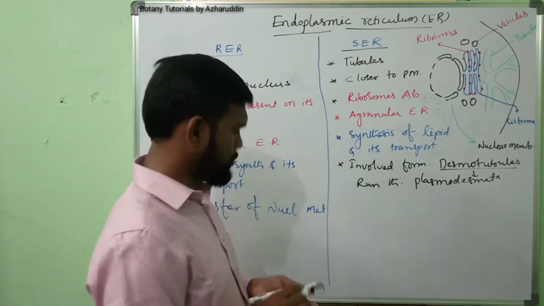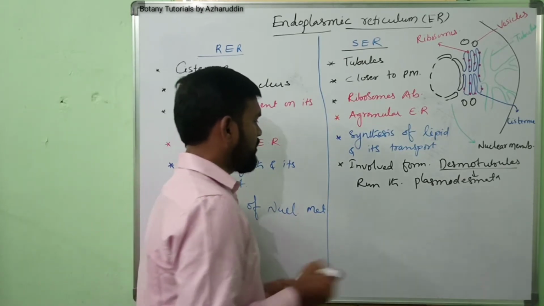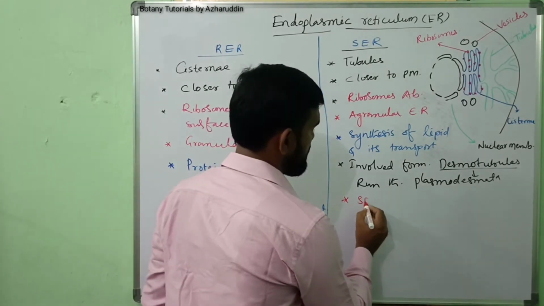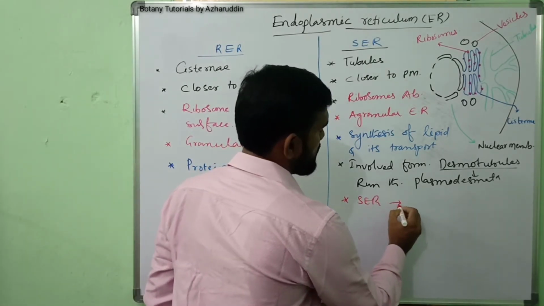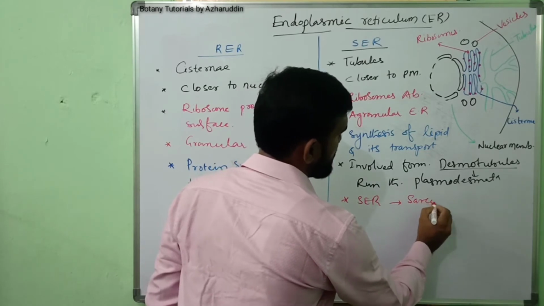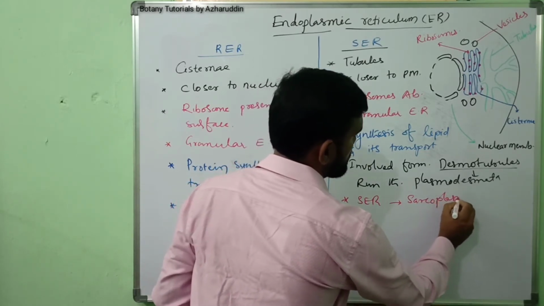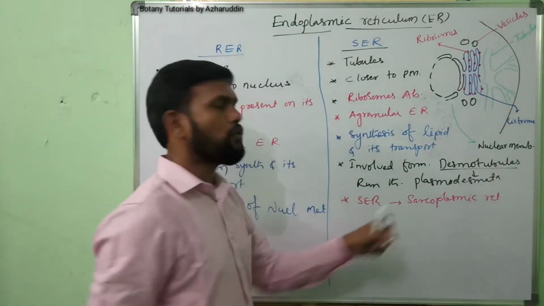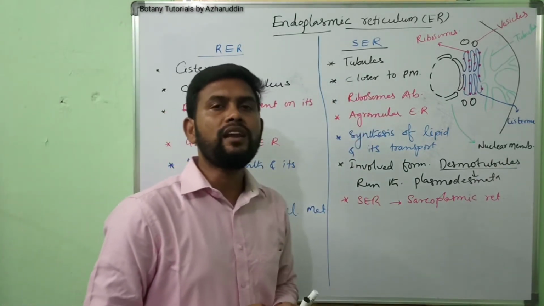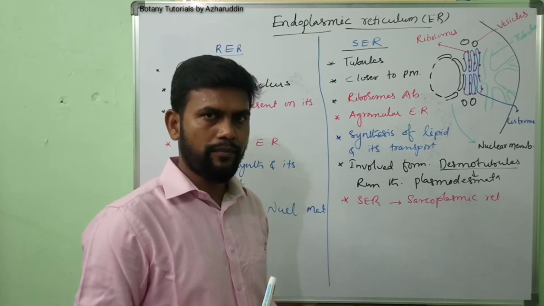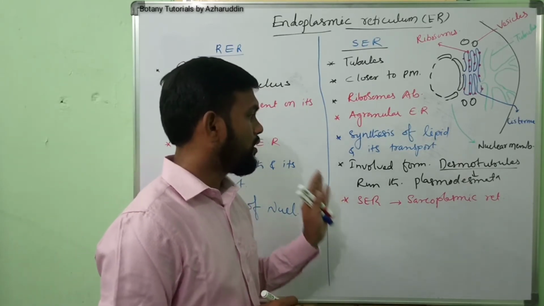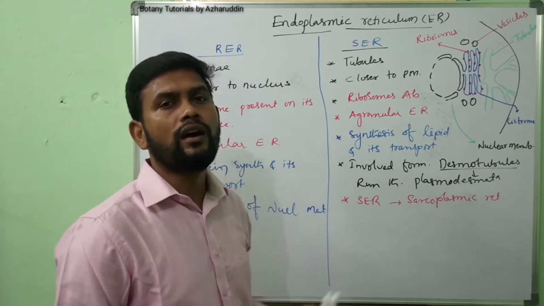And smooth endoplasmic reticulum forms sarcoplasmic reticulum. This sarcoplasmic reticulum is mainly found in muscles. It helps in conduction of motor pulses.